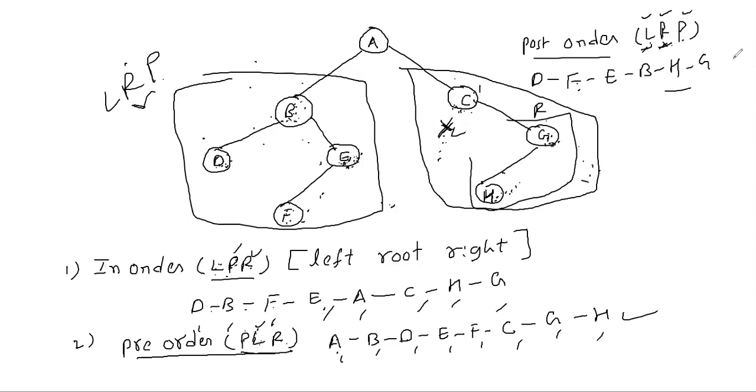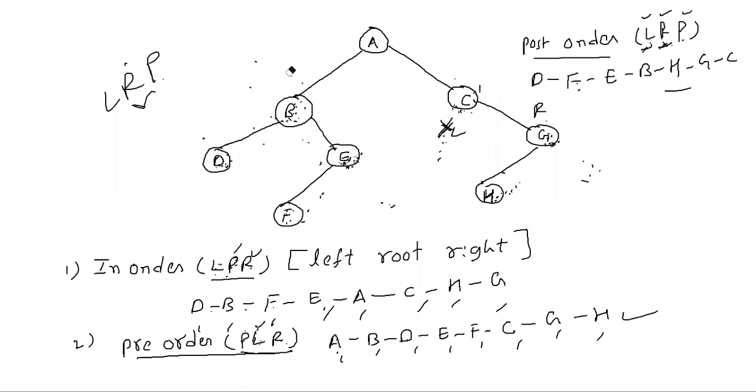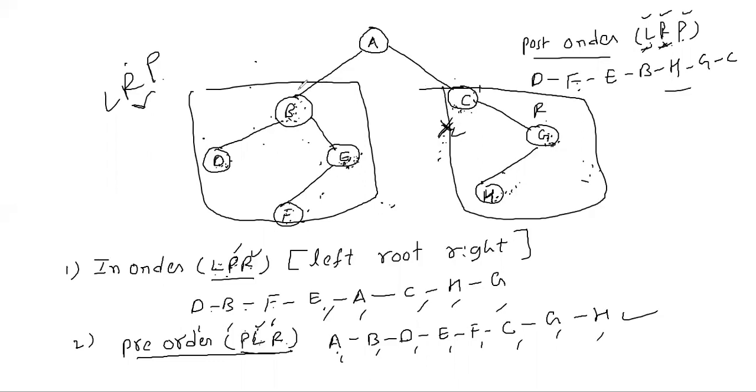What is the parent here? C. So now left completed, right completed. Left, right completed. Next, what do you have to write? Parent. What is the parent? A. So this is called post order.